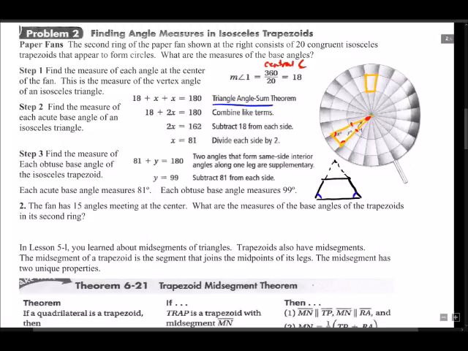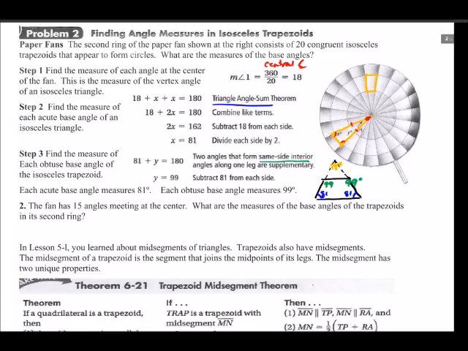And we know that it's an isosceles, so those are going to be congruent. We use the triangle angle sum theorem. So we found out this was 18 degrees up here, and that's going to tell us that these are both 81 degrees. And then we just use our same side interior angle theorem. These are supplementary, so we can find that these are 99 degrees because those angles are congruent as well.